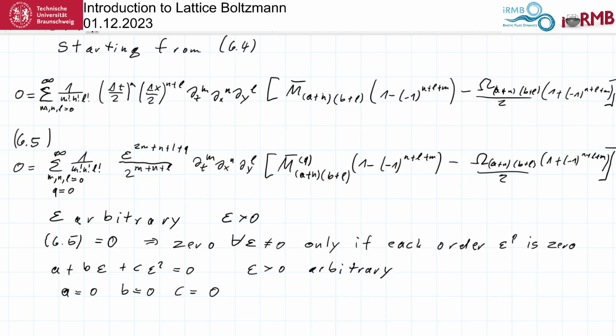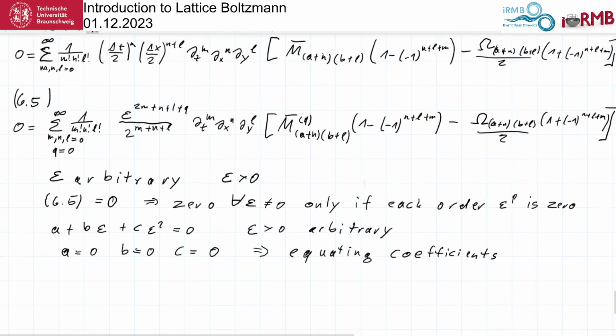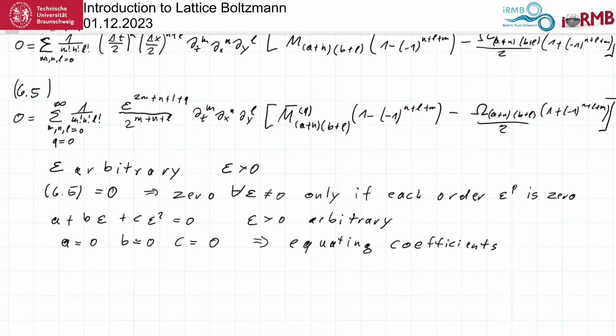Yeah? And this is what we call equating coefficients. So we can actually get rid of this epsilon, because all the occurrences of the same order of epsilon have to be 0 on their own.